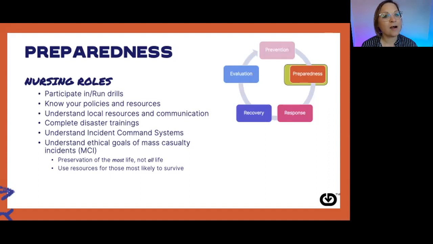So when there are numerous victims that overwhelm a local healthcare system's resources, we shift from giving every single resource to one patient to making sure that the resources are best allocated among those who are most likely to survive.